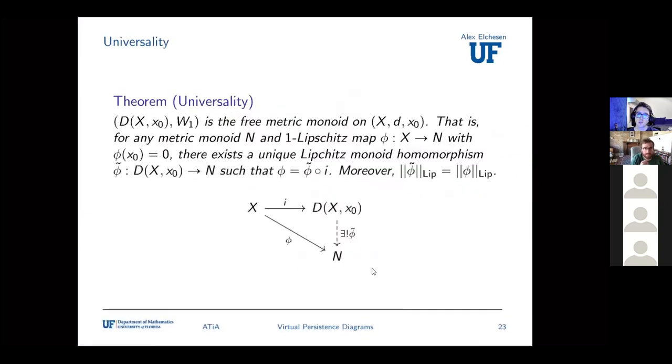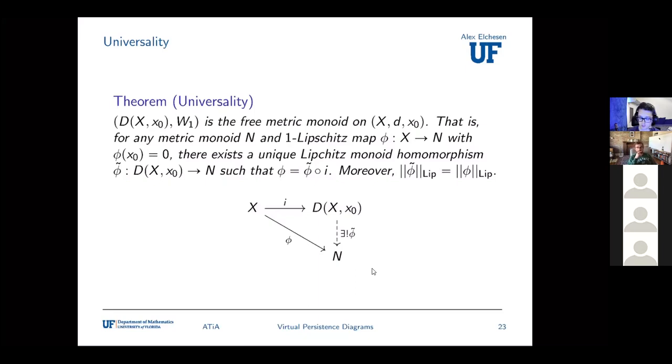And so our universal result is that this space of diagrams with the one Wasserstein distance is the free metric monoid. That means that for any other metric monoid N and one-Lipschitz map from your underlying space X to N, which should also be base point preserving, meaning it sends x naught to 0, there exists a unique Lipschitz monoid homomorphism from the space of diagrams to N. And moreover, the Lipschitz constant is preserved.